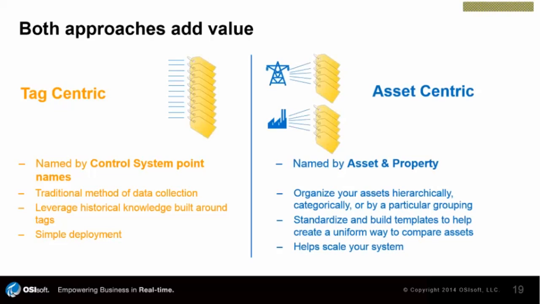And to that end, we're providing tools like Pi Asset Framework, or AF, to allow you to organize your assets in a hierarchy, via categories, or a handful of other ways so that your data is much easier to organize and for your users to find the pertinent information that's interesting to them.